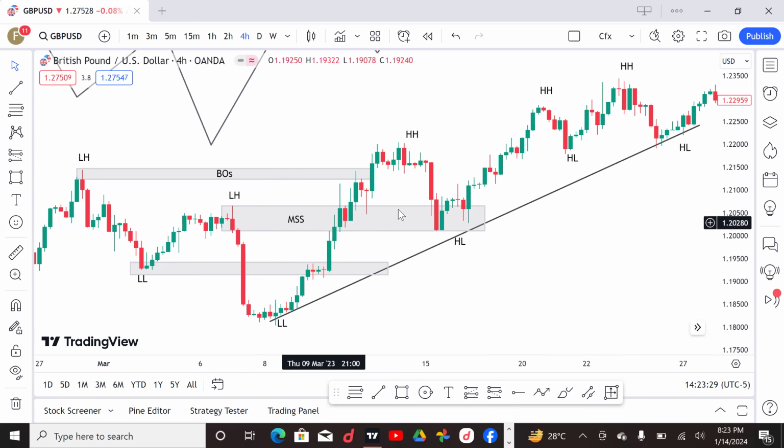So what price did was shoot back and test this order block. Remember, this order block was responsible for this break of structure, this BOS right here. We have the shift in market structure, for which this block is responsible, and this doji.